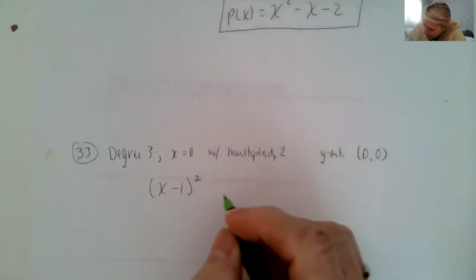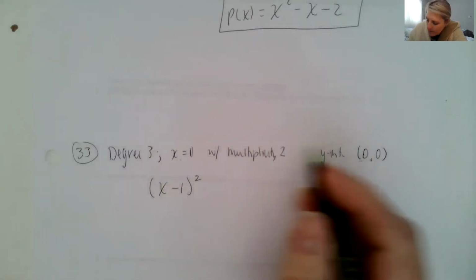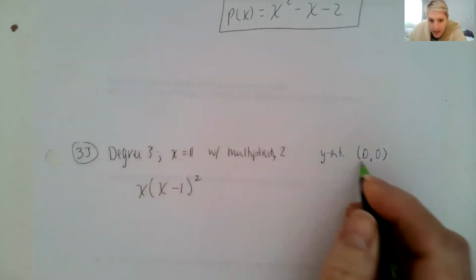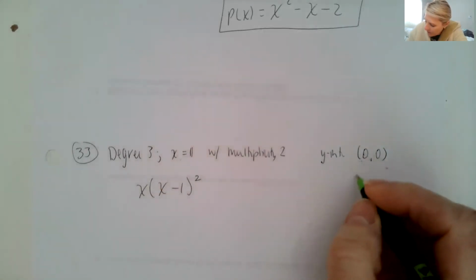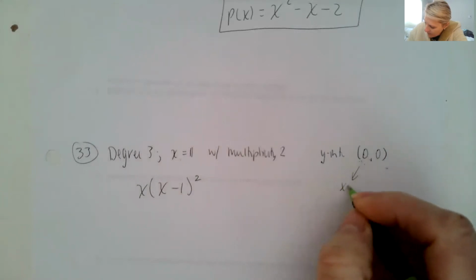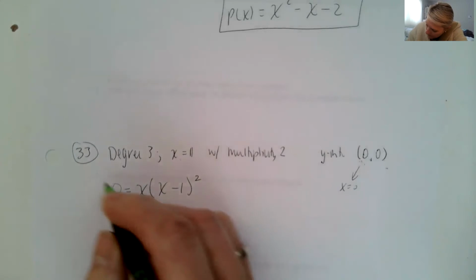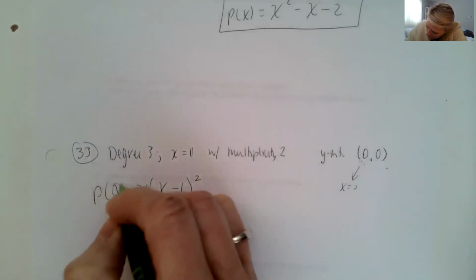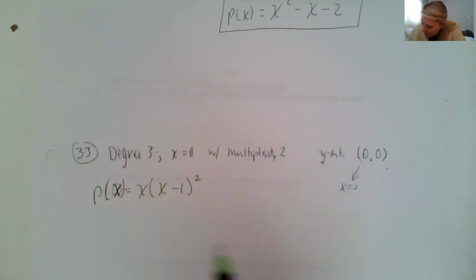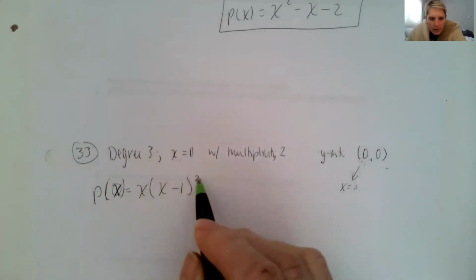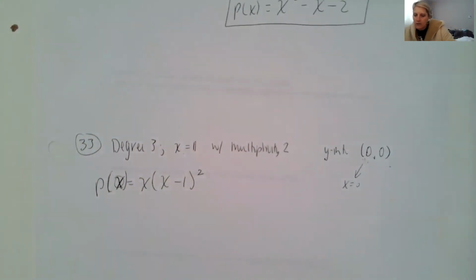So there must be, and then we have this y-intercept at 0, 0. So we know that there's just an x, because that's what that is. Okay. So this is our P of x. x to the 1 and x squared here. That would give us our degree of 3.